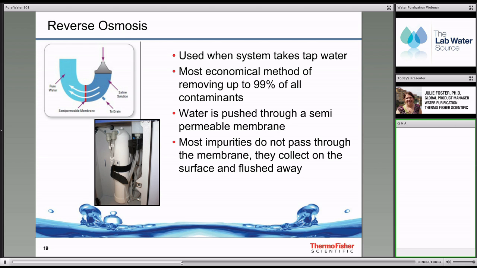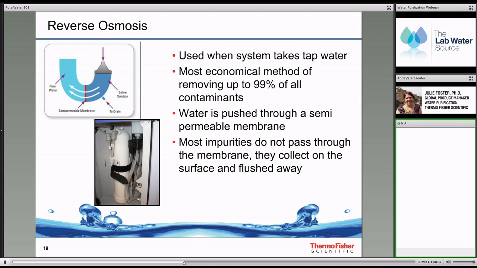So we're pushing the pure water away from the impure tap water. This process, compared to all the other technologies, is pretty slow. So anytime you have an RO membrane in a system, you always have a tank, because the process is fairly slow compared to all the other technologies.